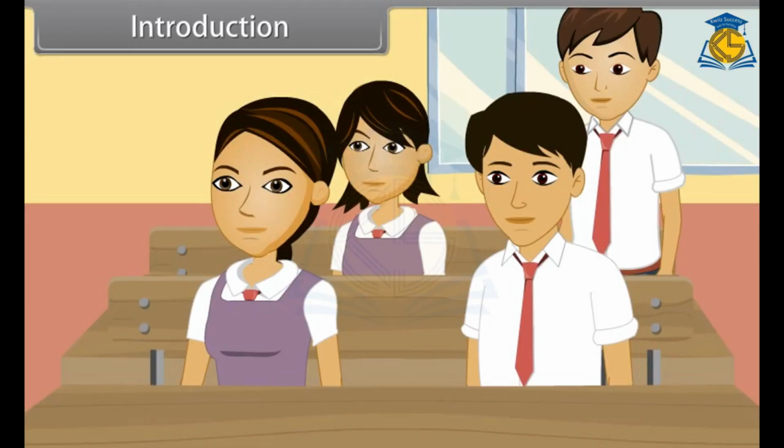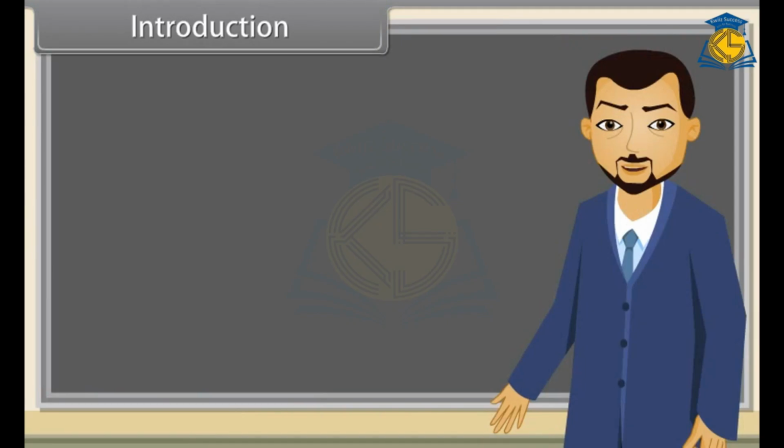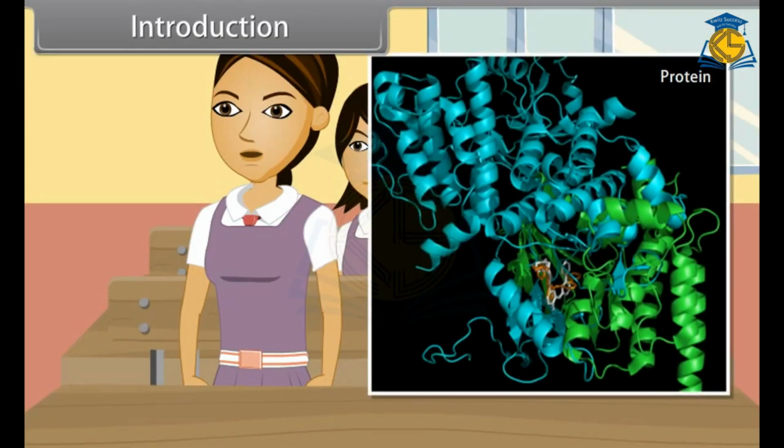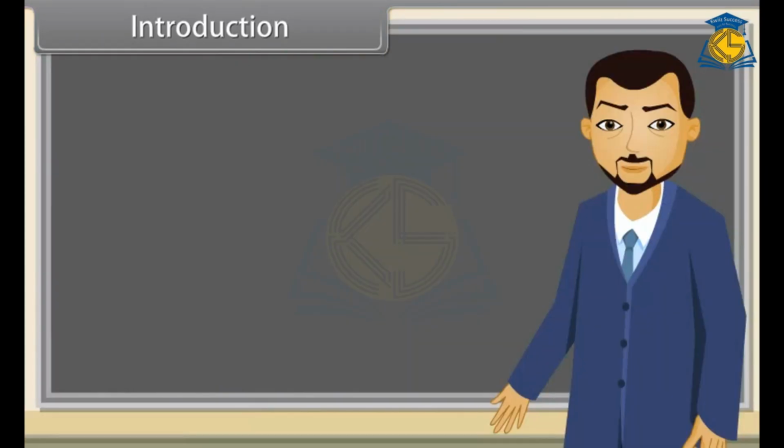Teacher, the molecules produced in our body are biomolecules. Yes, Ram. Can anybody give me some examples of biomolecules? Teacher, there are many examples such as proteins, polysaccharides, nucleic acids, etc. Very good, Shweta. In this lesson, you will learn biomolecules in animals.